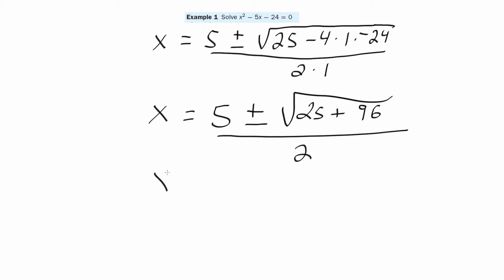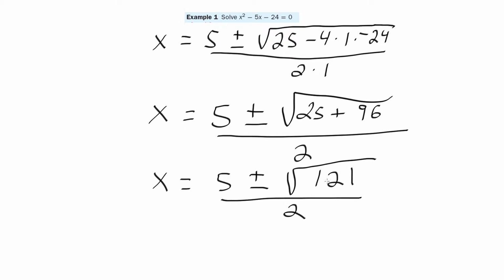So that means that x equals 5 plus or minus, let's see, 25 plus 96 equals 121. The square root of 121 divided by 2. Well, we know what the square root of 121 is.